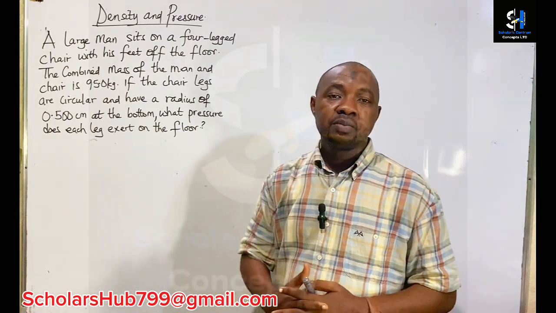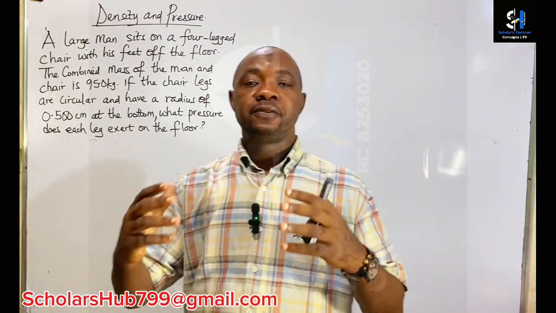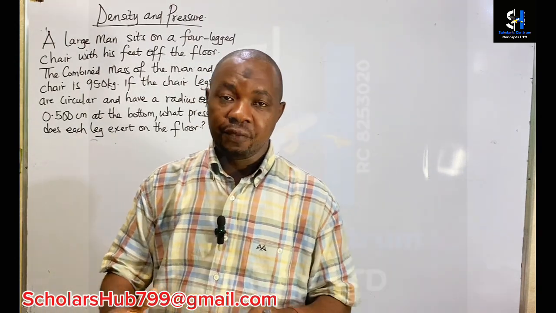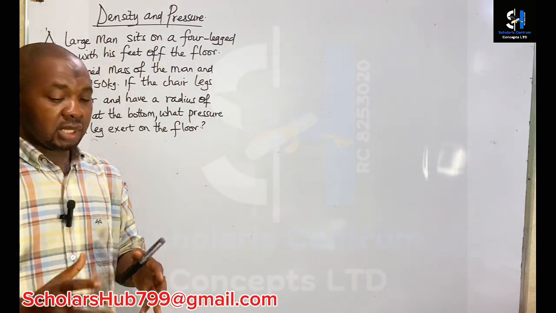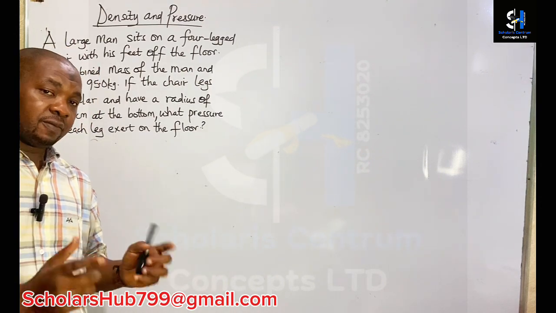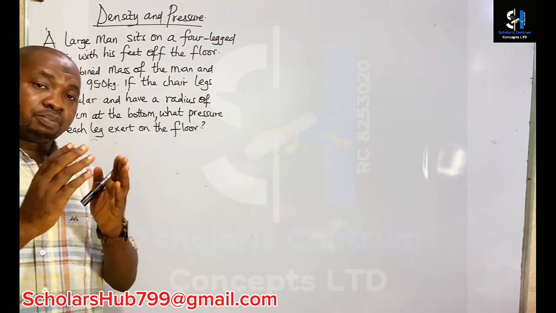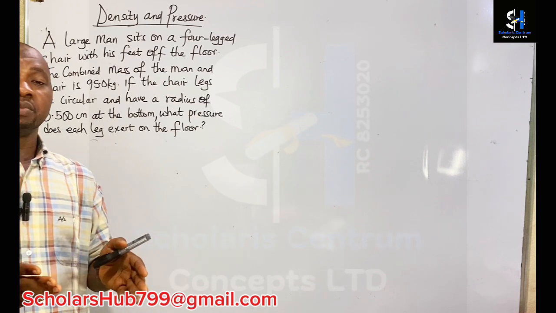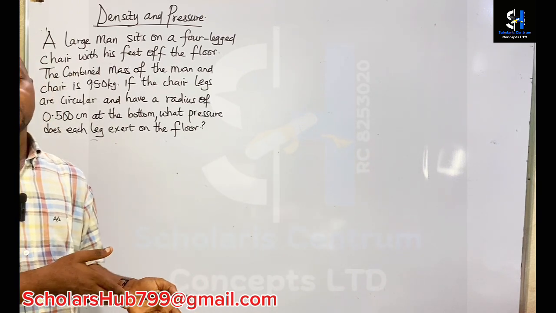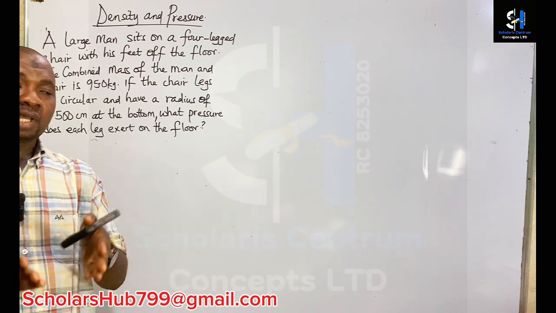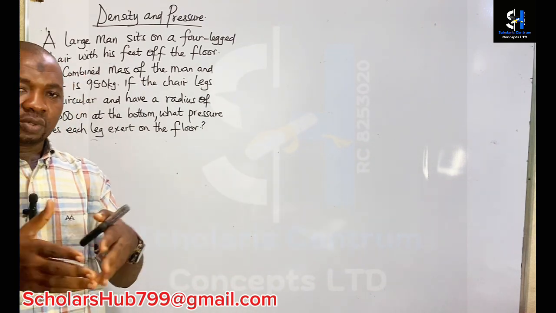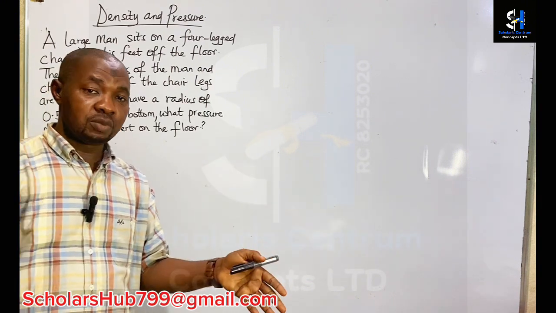Like I said, pressure measures the force acting normally per unit cross-sectional area of a material. So the goal here is for us to calculate pressure. We know that pressure can be measured as the ratio of weight acting per unit area, because weight and force have the same unit of measurement.